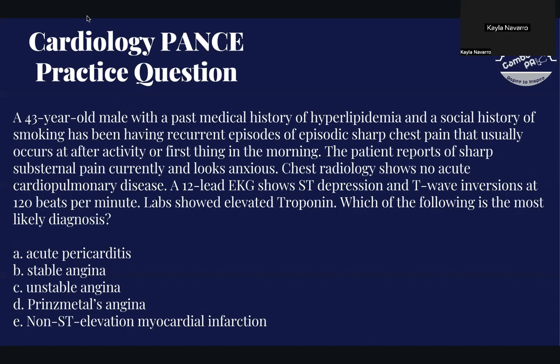Maybe I was thinking B. Yeah, it's between B and E. I was thinking B only because it says it's after activity or first thing in the morning, but then after the EKG, it talks about the ST depressions and whatnot. So maybe I'm thinking more so E. Okay. Anybody else have any thoughts? Thank you, Kayla.